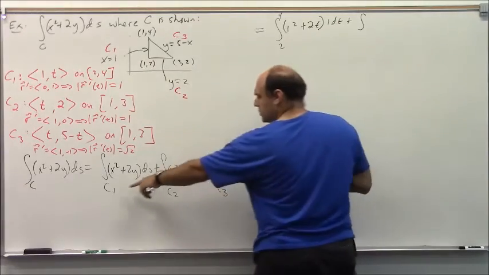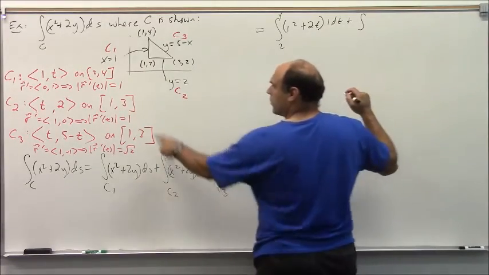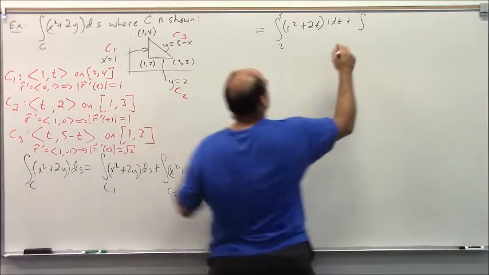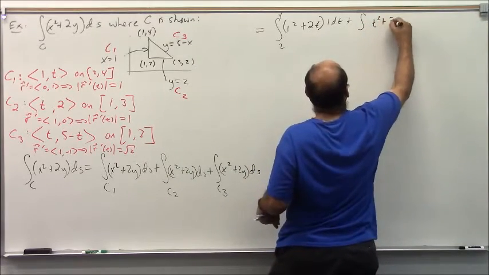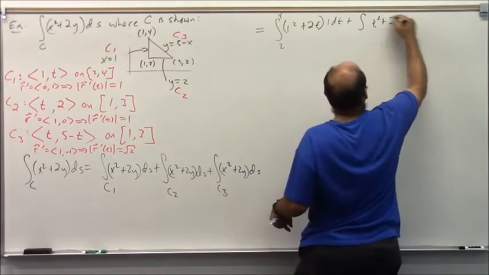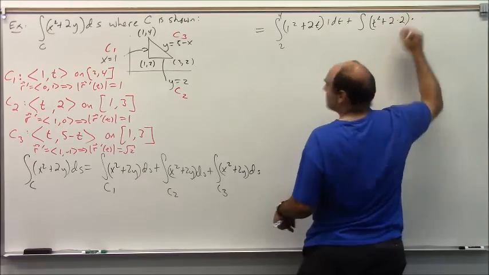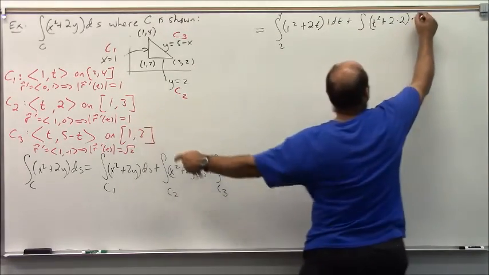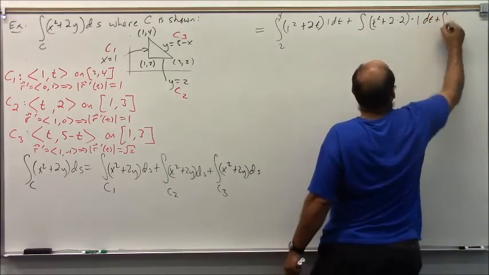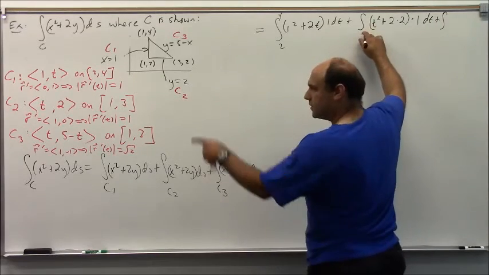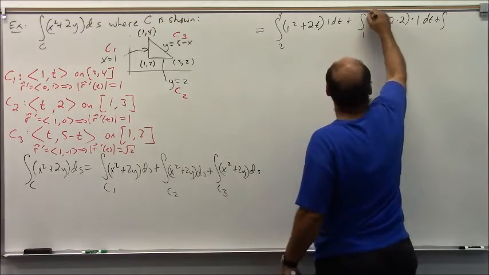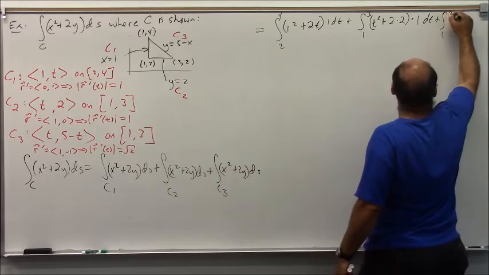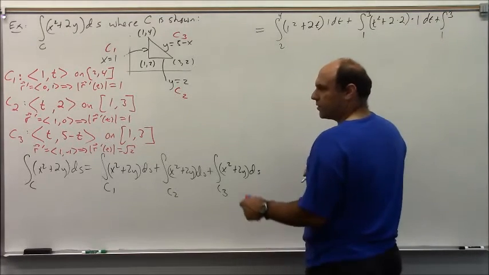And I'll have to use those as I go here. So ds is the magnitude of r prime of t dt, so it's just a 1 dt. And then for C2, here it is, I have x squared, it's t squared, plus 2y, which is 2 times 2, times the magnitude of r prime of t dt. And t is ranging here from 1 to 3. And then on C3, t again ranges from 1 to 3.